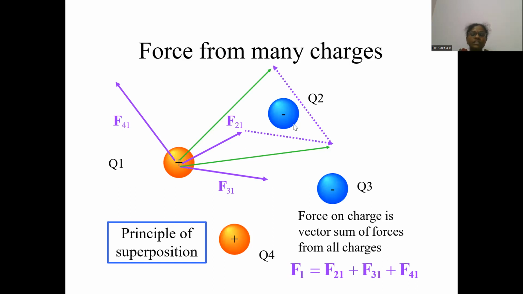The force is acting on the positive charge due to this negative Q2 charge, Q3 charge and Q4 charge. So let us see, F21 and F31 are both attractive, and here F41 is a repulsive force. So the force on a charge is the vector sum of all forces from all charges.